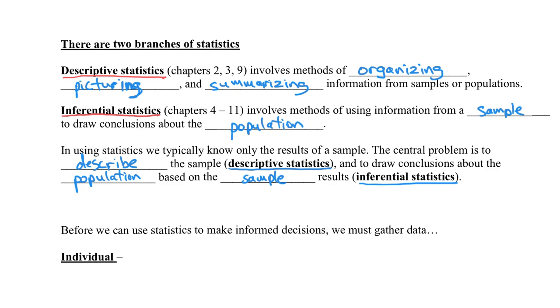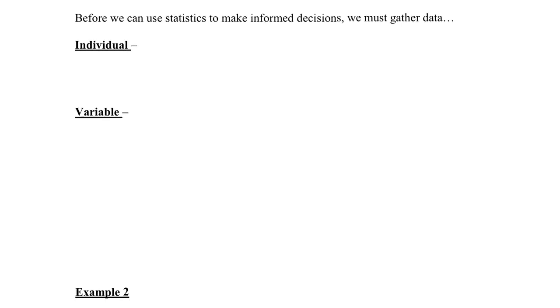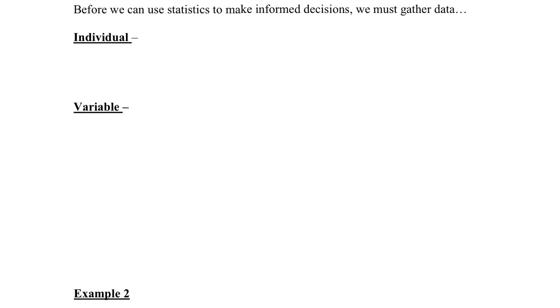But before we do that, we have to gather data. So in order to gather data, we need to be able to know what we're talking about here. So the individual, this is the people or objects included in the study.